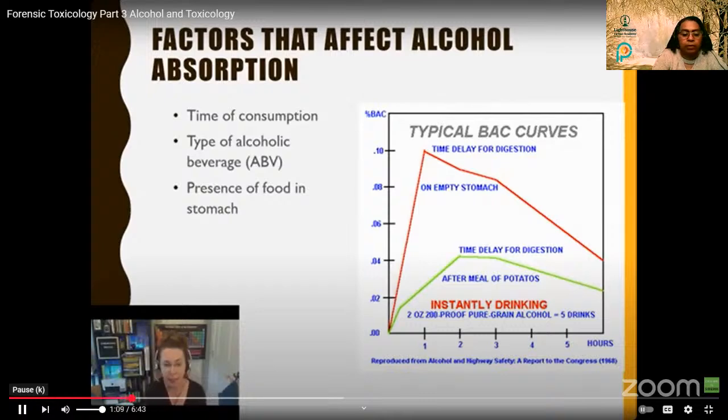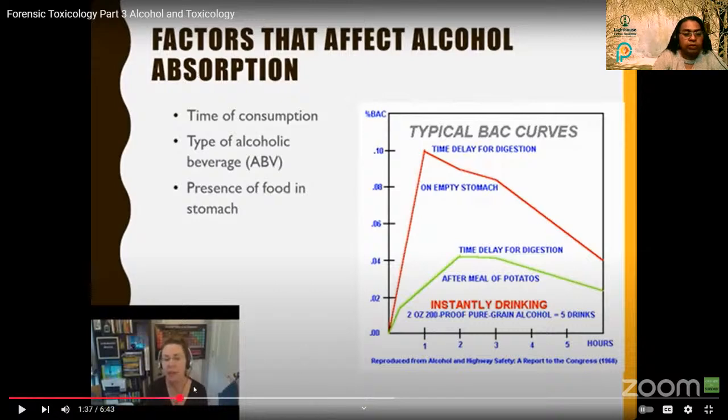On the green line, you see the results of blood tests of alcohol after an individual had a meal of potatoes, but before they started drinking. These individuals ate, I believe, 16 ounces of potatoes, and then were given 2 ounces of pure grain alcohol, essentially 5 drinks all at once.